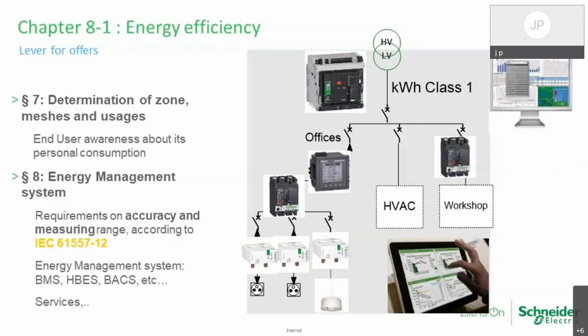You are going also to make and implement an energy management system. And then regarding the measurement system, we are going to refer to 61557-12 and all the energy management systems. Depending on the type of installation that you have, you are going to use a BMS, HBES, or BAC system.